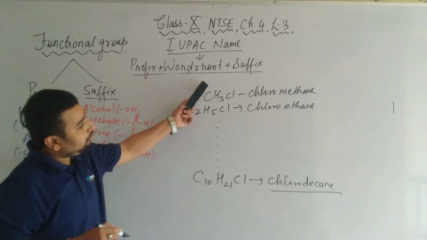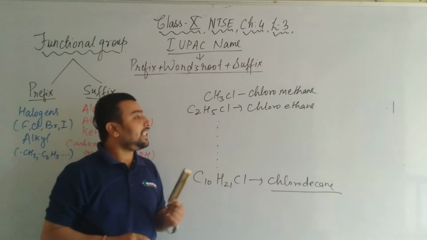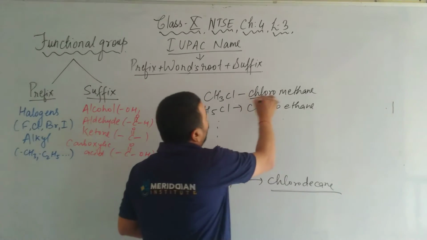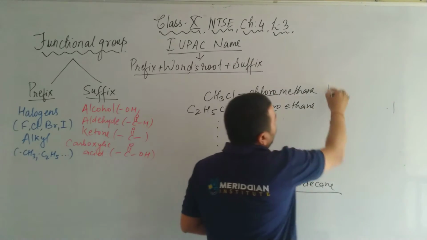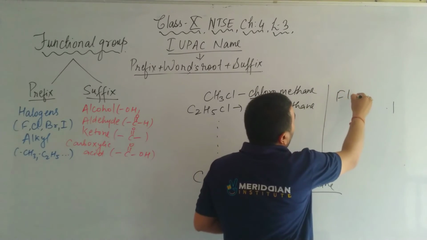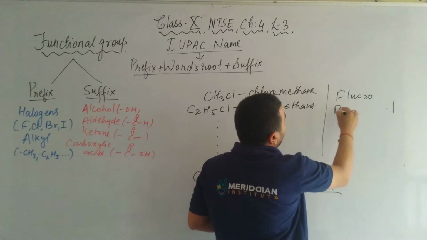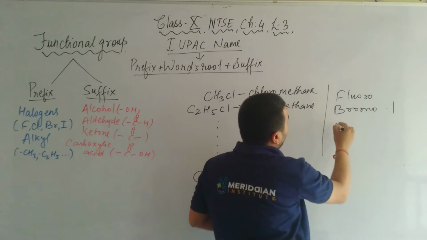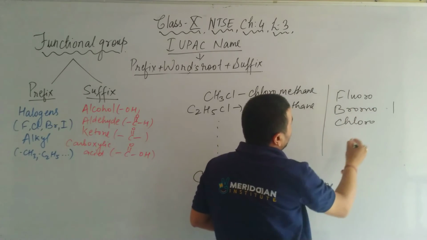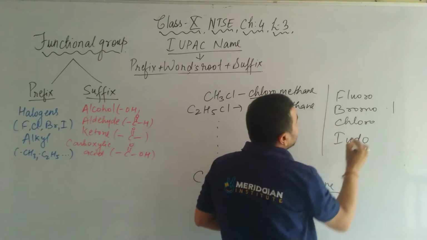Chlorodecane. So from chloromethane to chlorodecane, you can change this chloro: fluorine will be known as fluoro, bromine will be known as bromo, chlorine I have already said will be known as chloro, and iodine will be known as iodo.